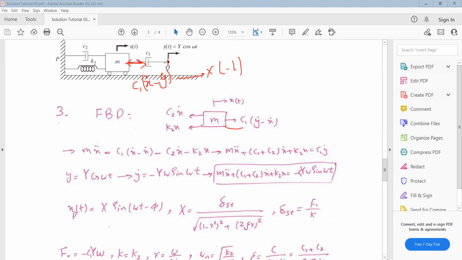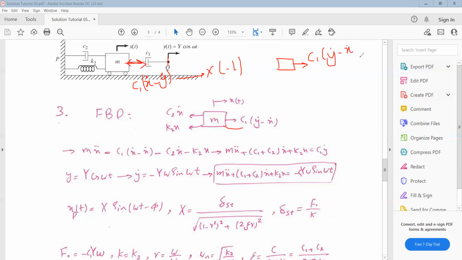It means that this point Q this time is pulling the damper, and in fact this point is pulling mass M. This time we assume that mass M is pulled by the force in the damper, and this force is equal to C1 multiplied by y dot minus x dot.